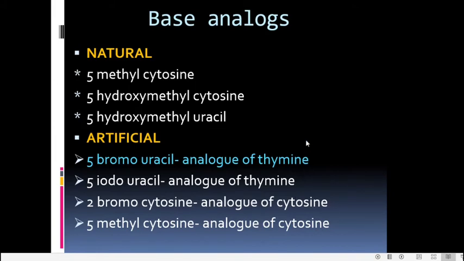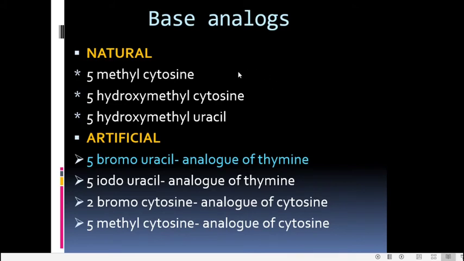Even though there is a structural difference, they can act like these bases. That means their base pairing properties are the same. The base pairing property of 5-bromouracil is similar to that of thymine.